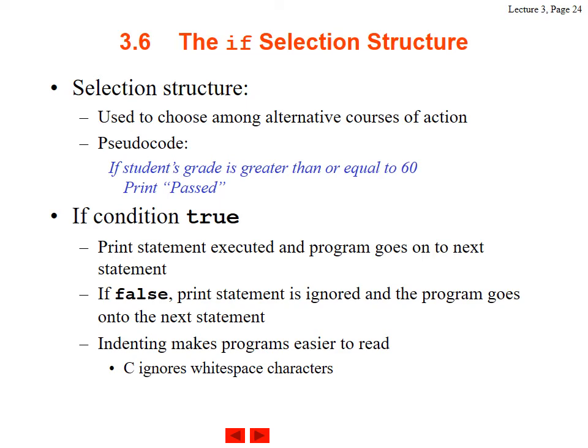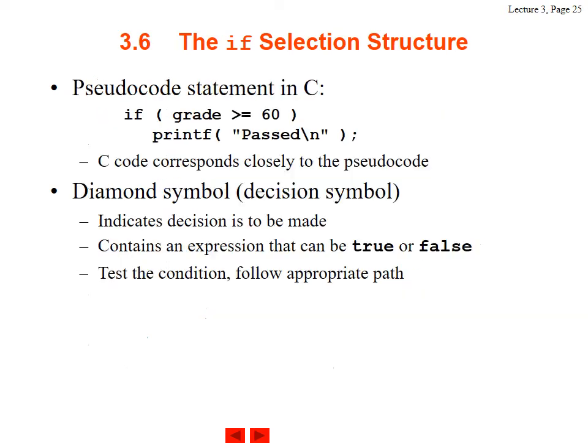Indenting makes programs easier to read. It doesn't change anything. C will just ignore the white characters. So the pseudocode, let's say if grade is greater than or equal to 60, printf passed. Remember, our semicolon will come at the end of the statement, right?